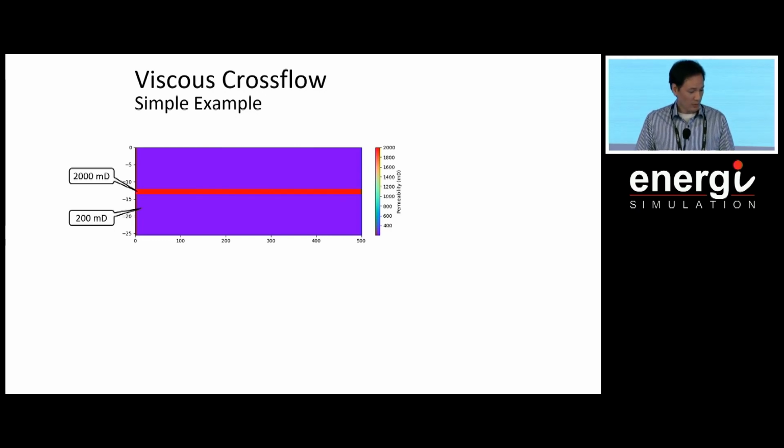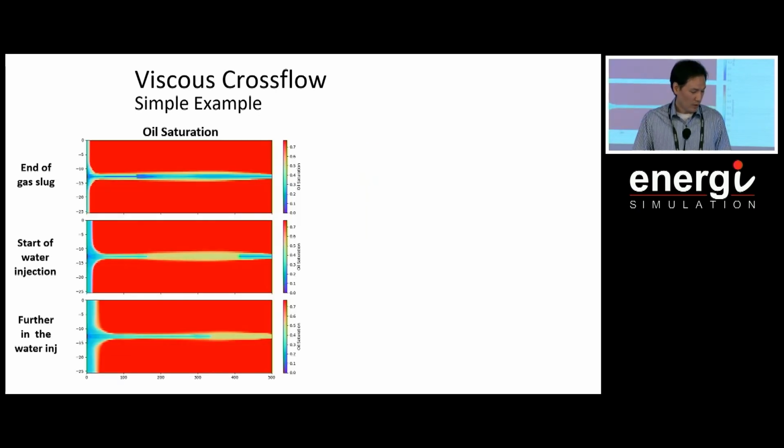We also saw the effects of viscous crossflow on recovery. We know that there's some earlier work that shows that this happens, but we just tried to see how it's affecting our model. So first, just to understand it better, we did a very simple example. This is a constant permeability, and there's a high permeability strip right in the middle of the model.